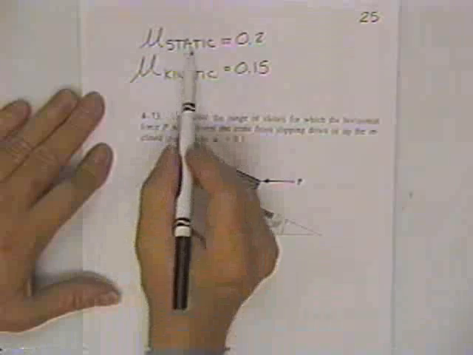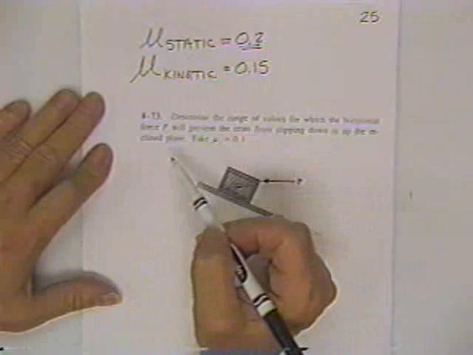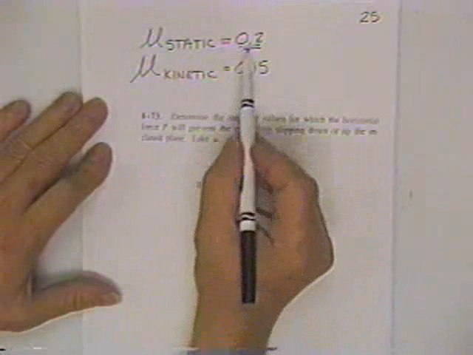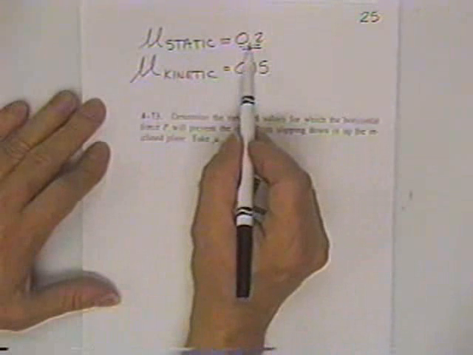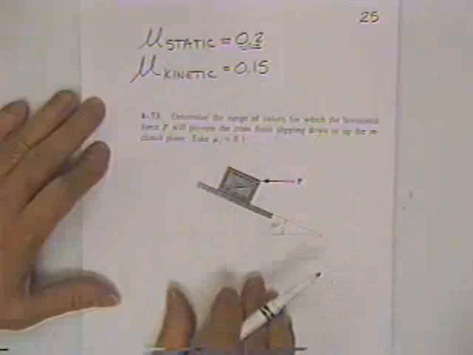So if somebody asks you how hard will it be to break the box loose, that's the number you're looking for. If he asks you, will the box break loose, see how much force it takes to break it loose, and if you got more than that, then the answer is yes, the box is going to move.